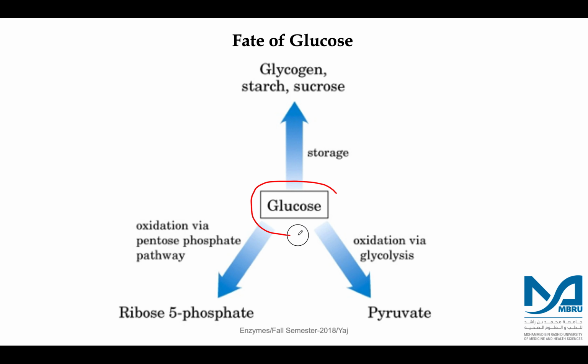What we have done so far is take glucose and convert glucose to pyruvate, and the process that we talked about in quite a bit of detail was glycolysis, where we looked at the regulation of glycolysis, and then we moved on and studied the fate of pyruvate under aerobic or anaerobic conditions. When we were talking about aerobic metabolism of pyruvate, we talked about the TCA cycle and the electron transport chain.